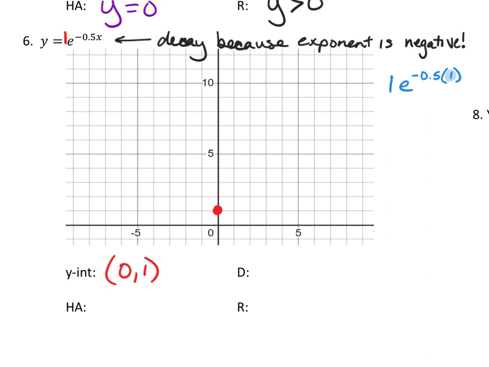You should have gotten a very small number. What did you get? 0.6 some, right? Great. That means that my next coordinate point is somewhere right here at 0.6. Just do your best to graph it because I know we're human and we can't make perfect graphs.